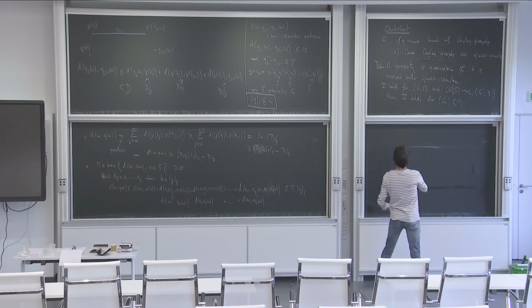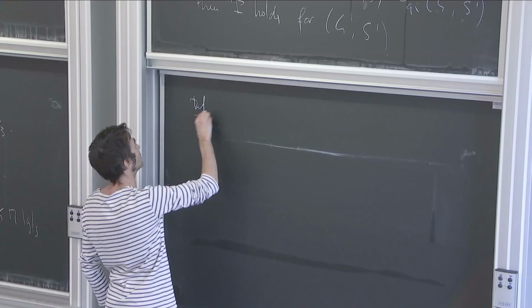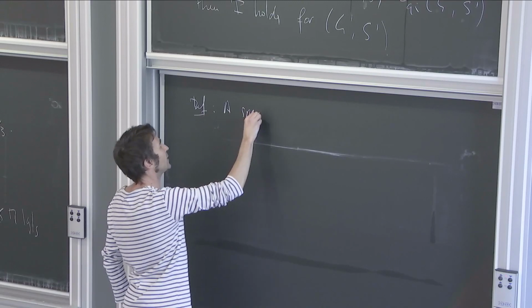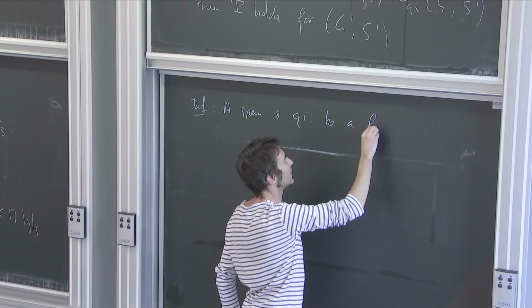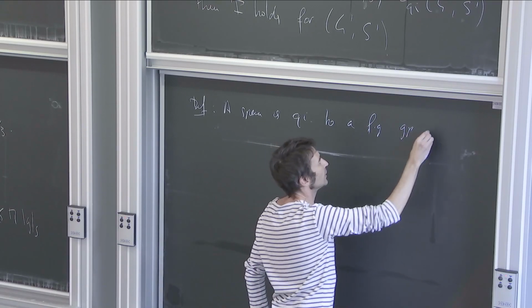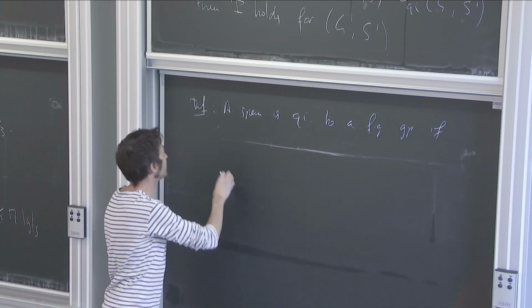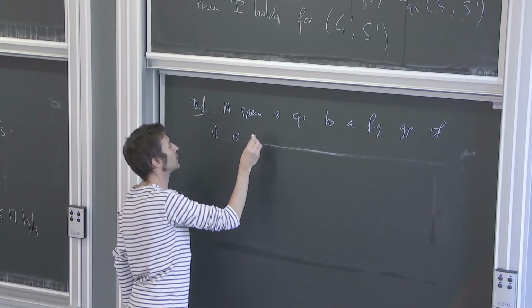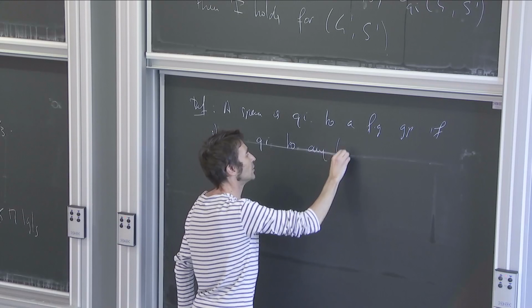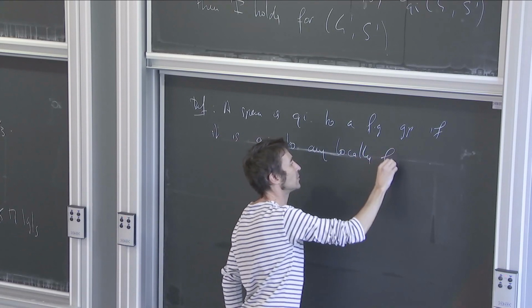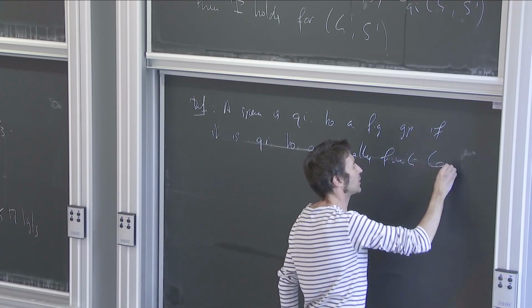Okay, so what we say is that a space is quasi-isometric to a finitely generated group if it is quasi-isometric to any locally finite Cayley graph of the group.